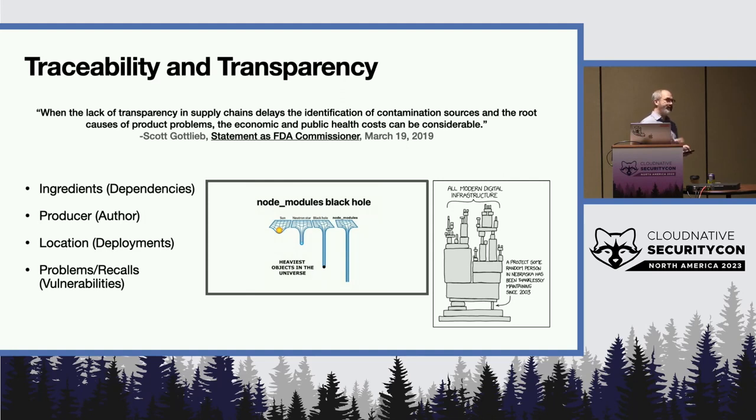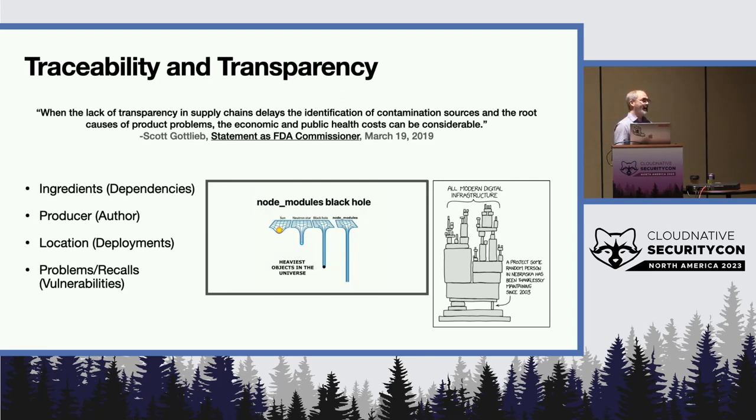So if we apply this concept of transparency to our software supply chain, if you think about the last time you used a Node or a Python package in your project, do you always go and check out their code and then follow the rabbit hole to look at all the code that they included and what their dependencies are? We all know this joke about the Node modules being heavier than an actual black hole.